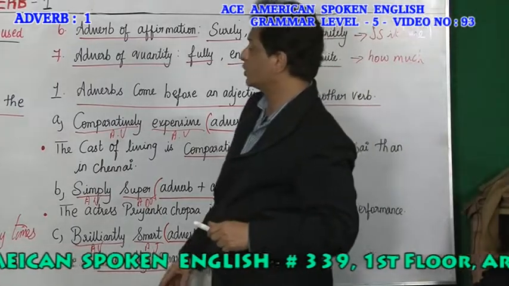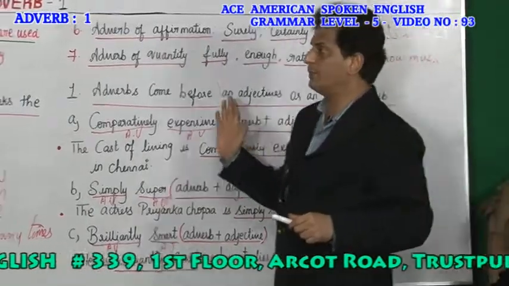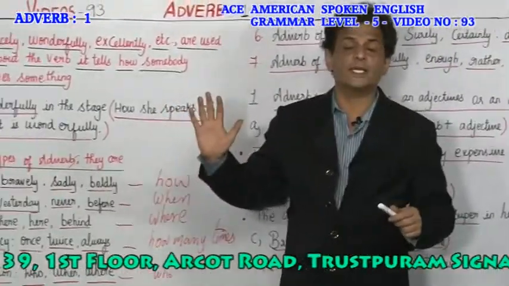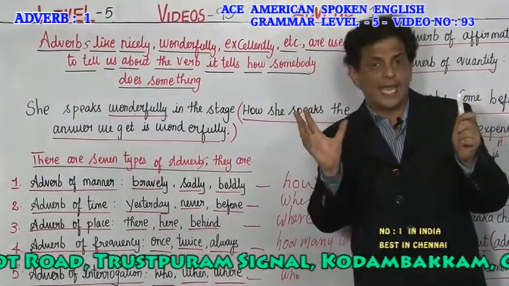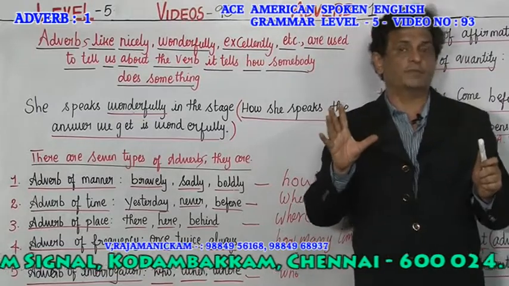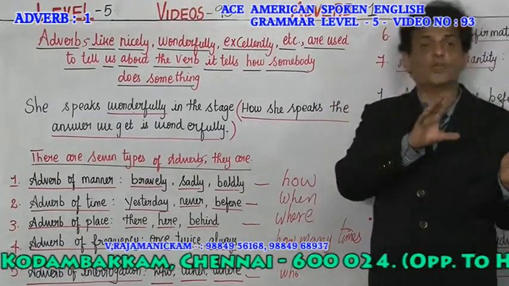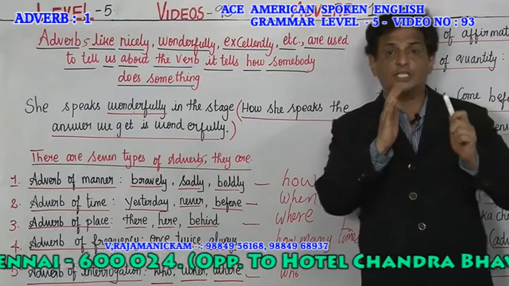So my dear friends, what you have seen here is that adverb should come before the adjective. So simple. So today's topic is adverbs. Any word which adds some quality to the verb is called adverb. Adjective is something qualifying a noun. You have to know the distinction between adverbs and adjectives.